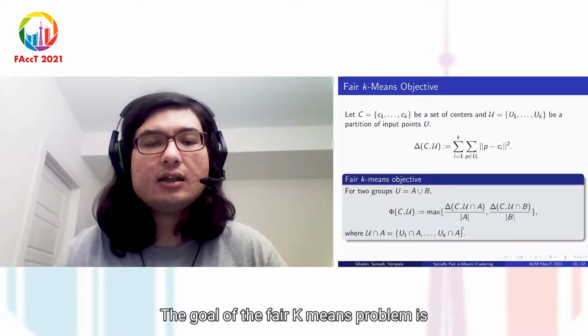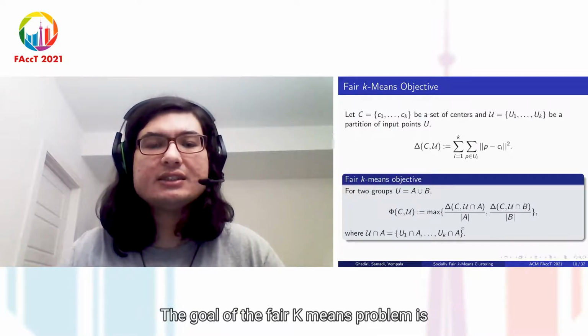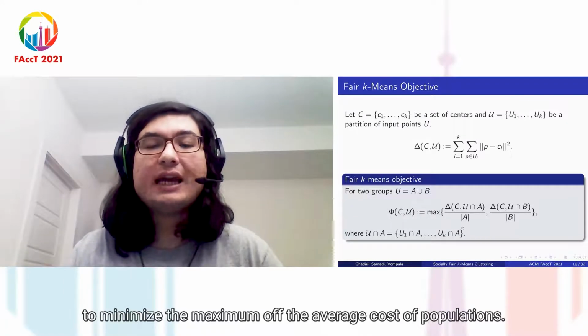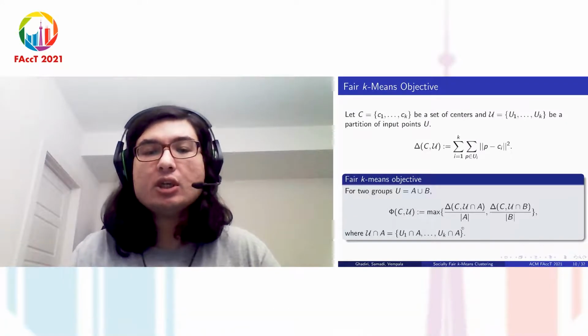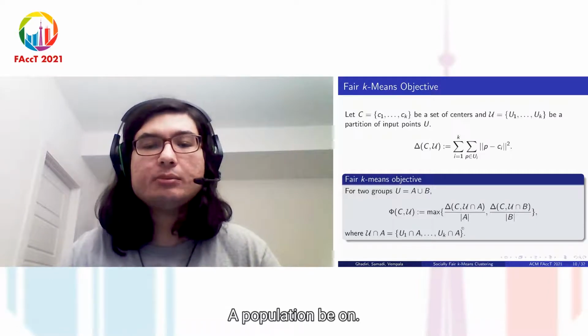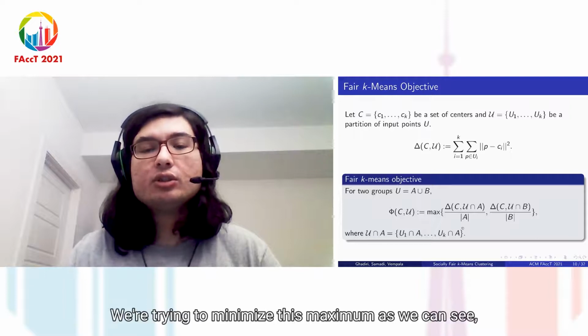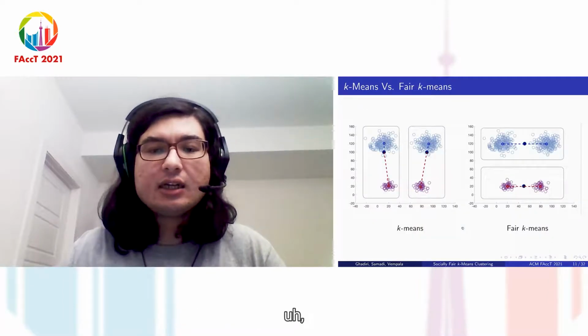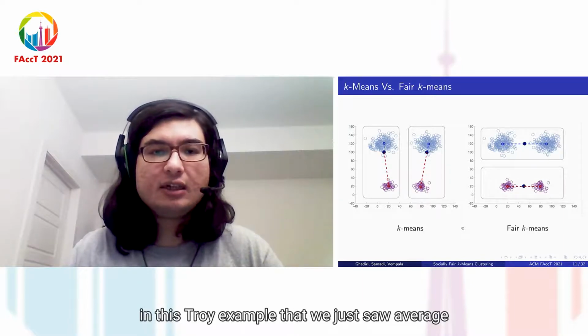And then the goal of the fair k-means problem is to minimize the maximum of the average cost of populations. So we have the maximum of the average cost of population A and population B, and we are trying to minimize this maximum.